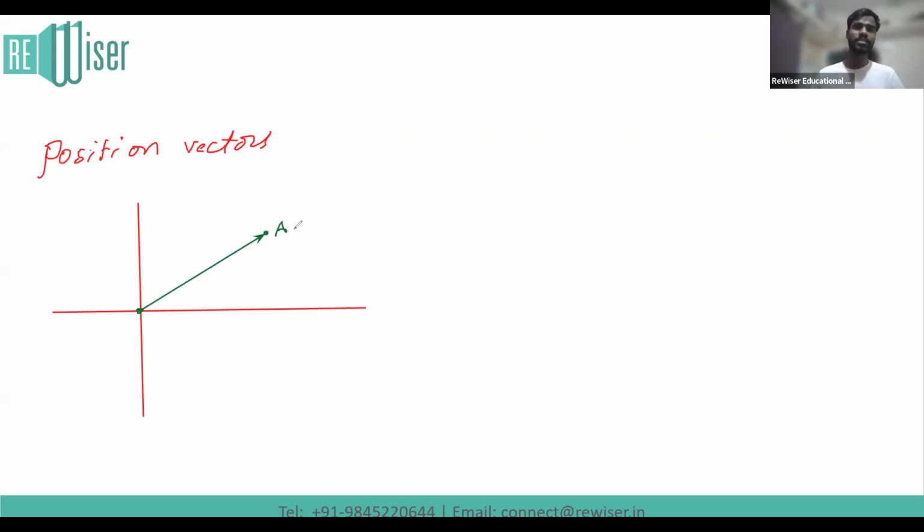If A is here, the position vector we usually denote with O to A, O to B, O to C, something like that. So O to A is there. And if I have another position vector somewhere here, let's say this is point B, your OA and OB are the position vectors.